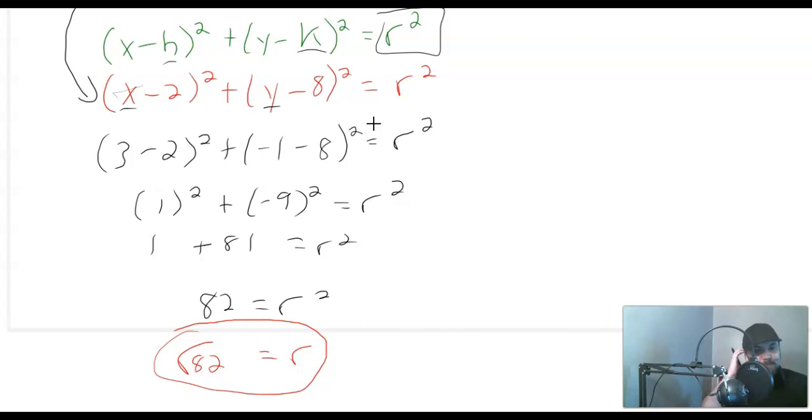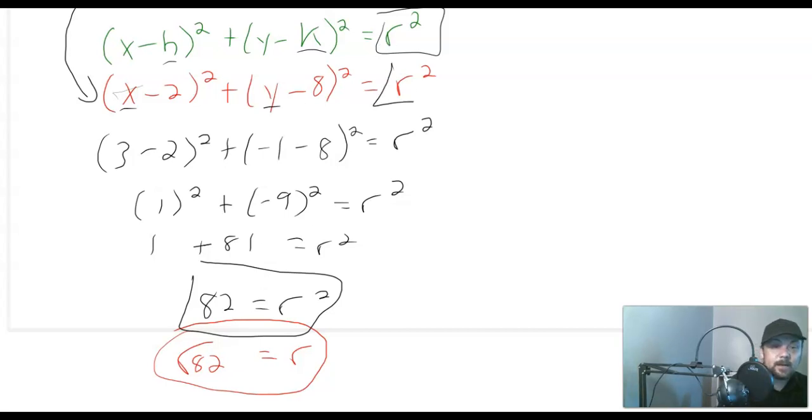So it's a little bit different. I'm not just plugging a number into a variable. I'm substituting two equivalent things, right? R squared is 82. They're equivalent. R squared is the same thing as the number 82 in this particular problem. So I'm replacing the r squared here with its equivalent value, which is 82.